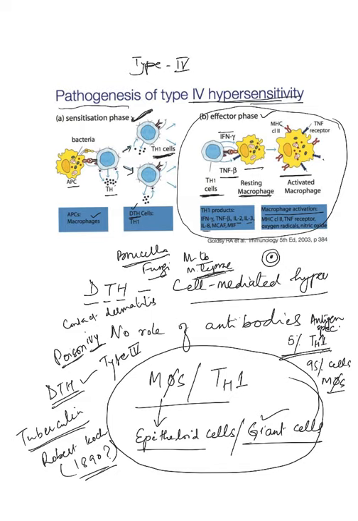Even certain individuals are allergic to metal, for example jewelry, and people wearing jewelry sometimes get this contact dermatitis, and in that case also there is type 4 hypersensitivity. So this is about type 4 hypersensitivity.